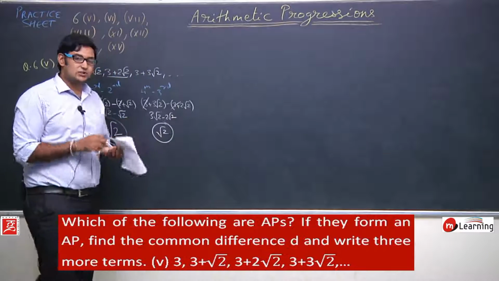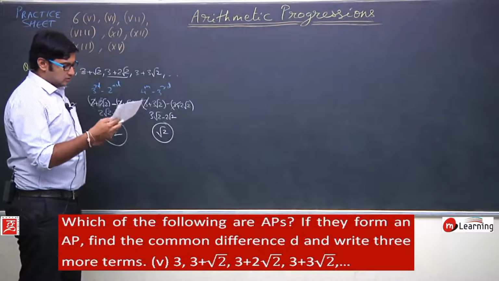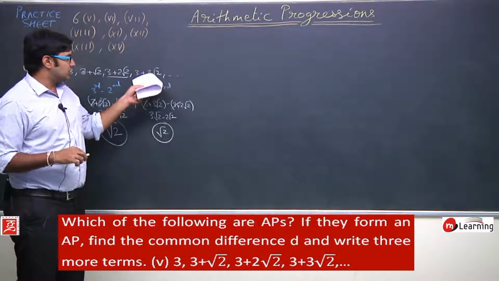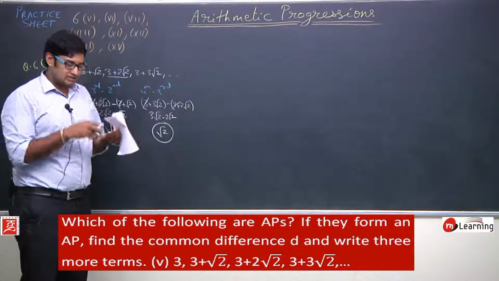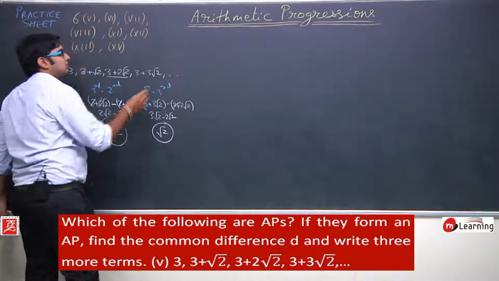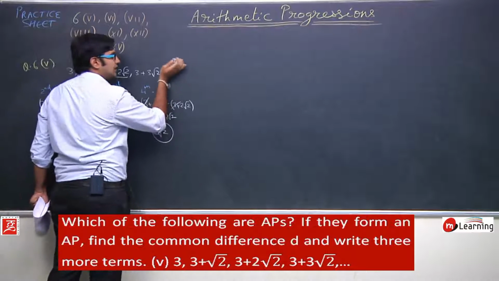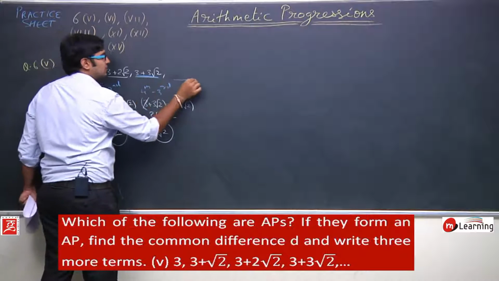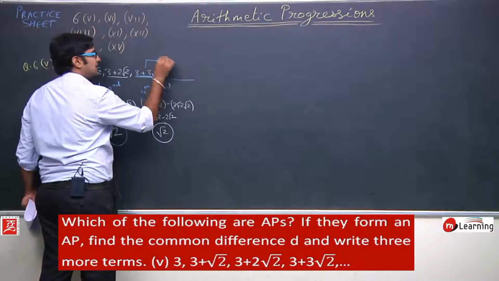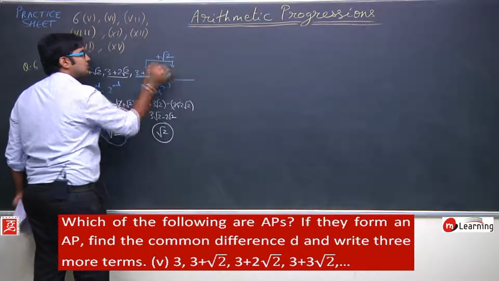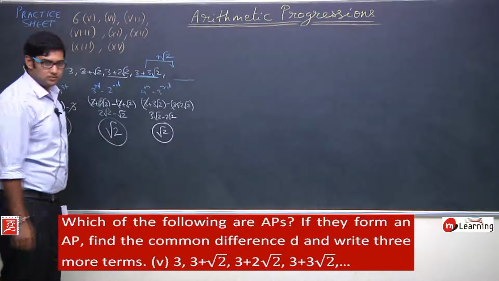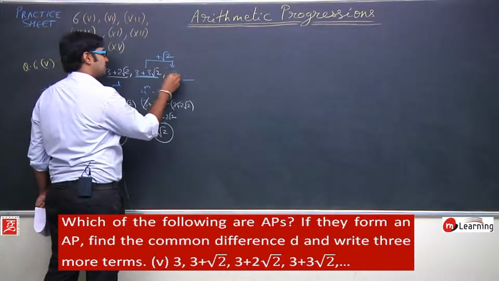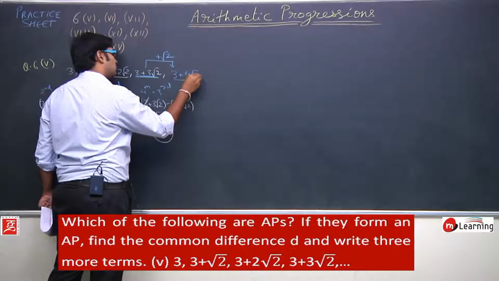So, what will be the next terms? We need to determine the next 3 terms. It is very easy. I am going to determine only one term and the rest 2 you can determine very easily. This is the fourth term. To determine the fifth term, I will simply add root 2 to the fourth term and it will become 3 plus 4 root 2.